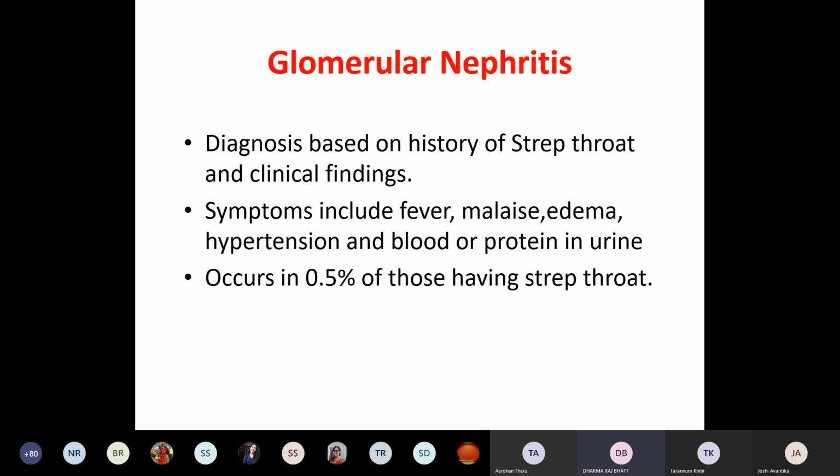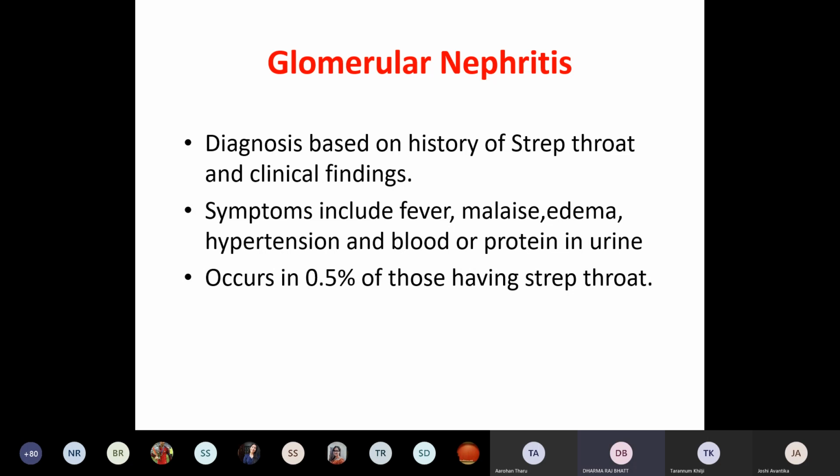Now, diagnosis is generally based on the previous history of streptococcal pharyngitis or sore throat, along with other clinical findings. Clinical features include fever, as we have seen a number of virulence factors of streptococci, some of which are responsible for inducing fever. Fever, malaise, edema, hypertension because of fluid retention, and blood and protein in the urine, as we said, hematuria and proteinuria.